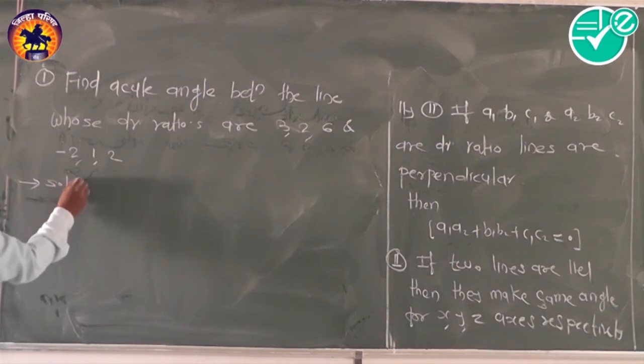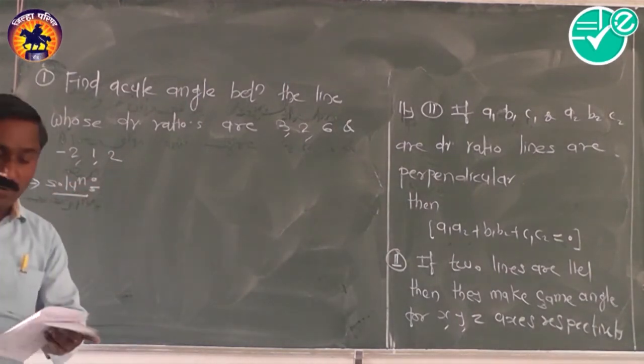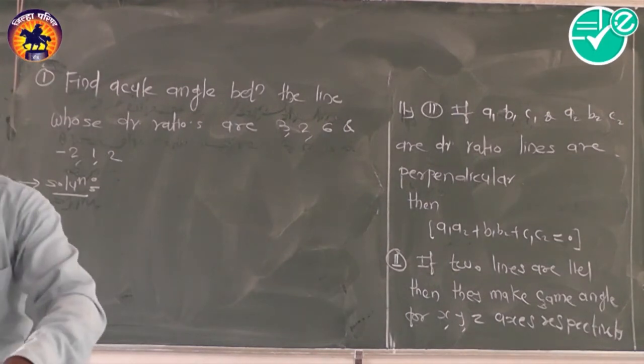So this is one of the important examples, because from this we have to find the acute angle between them.